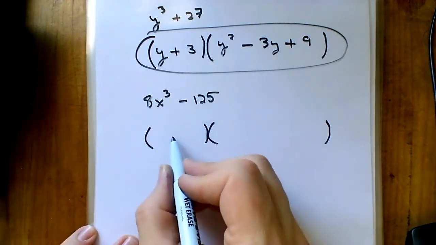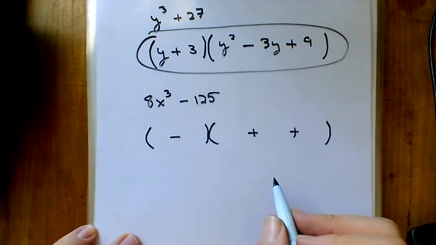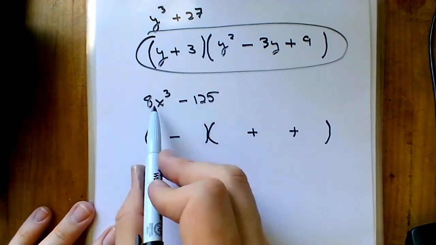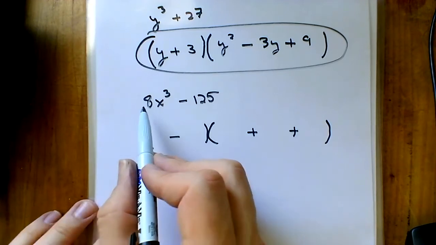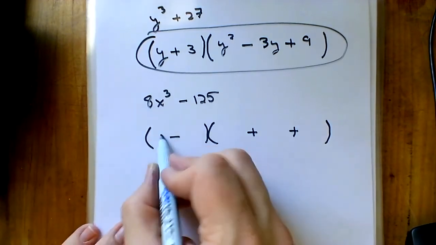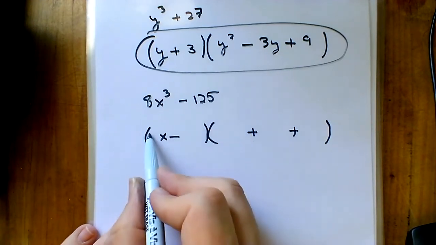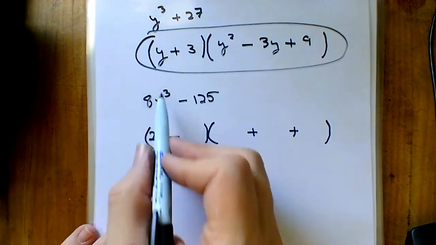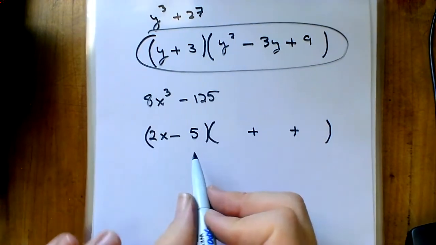Remember, same sign, opposite sign, always plus. And we have to figure out what will go into this first binomial. I know I'm going to have an x in there because x cubed is x cubed, and 2 to the third power is 8. So 2x times 2x times 2x would be 8x cubed. And a 5. 5 cubed is 125.